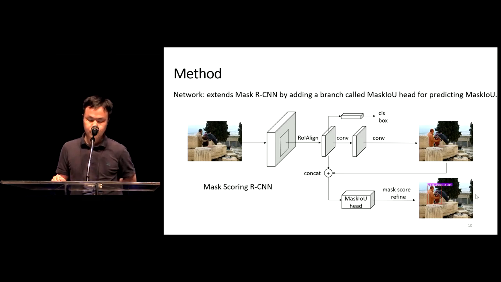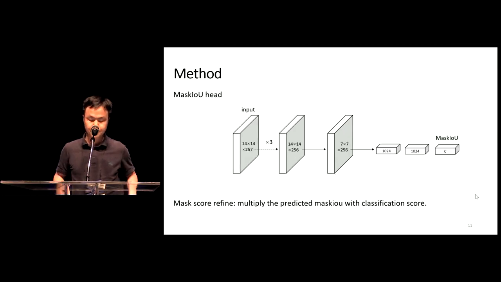The input is the concatenation of the RoI feature and the predicted mask. After that, we use the predicted mask IoU to refine the mask score. The mask IoU head is simple. It contains several convolutional layers and fully connected layers. For mask score refinement, we multiply the predicted mask IoU with the classification score to get the new score as the final score.